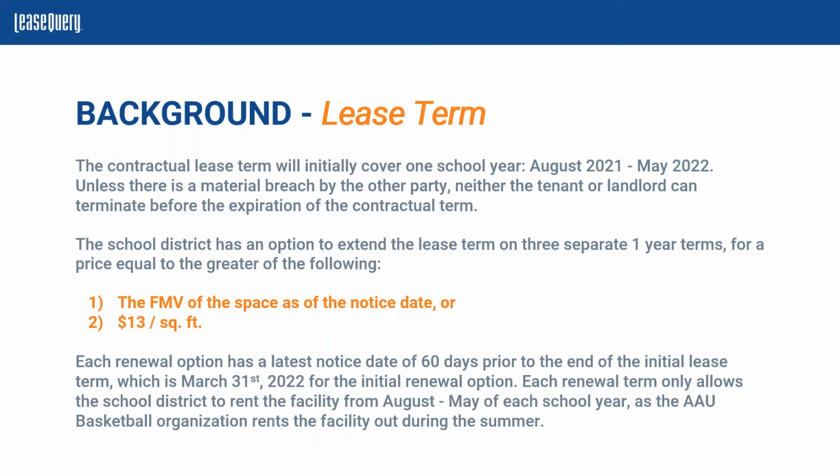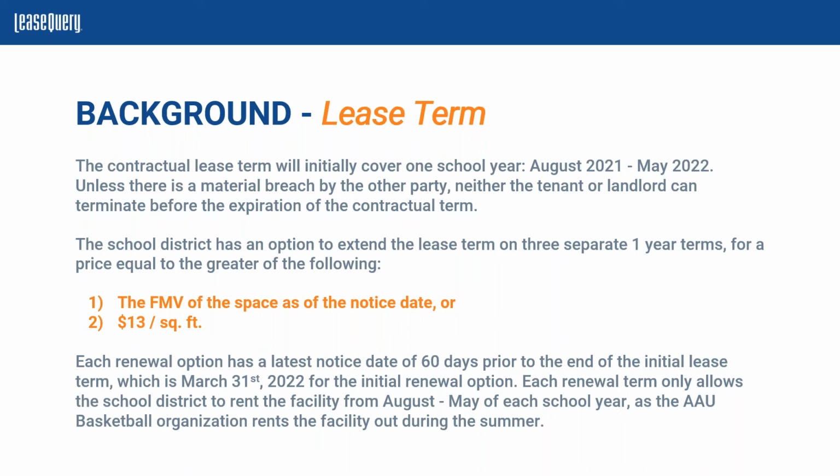The base rent for the extension is equal to the greater of the fair market value of the space, or $13 per square feet, of which the school is going to inform the city no later than 60 days of the lease end date.